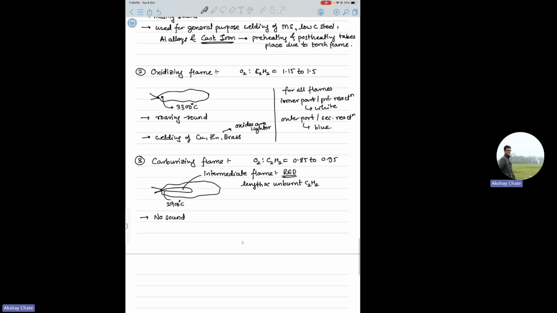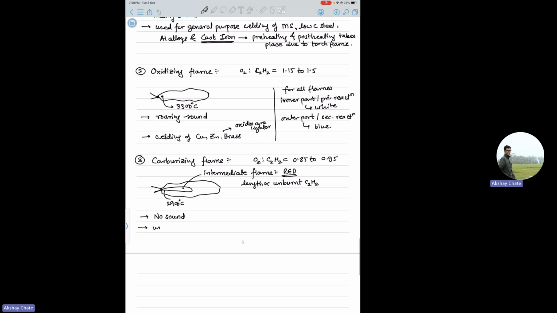And the carburizing flame is used for high carbon steel and nickel alloys, etc. So basically, for harder materials, materials having high carbon contents or high melting point, you use carburizing flames, because with this carburizing flame there is a chance of increase of carbon percentage.